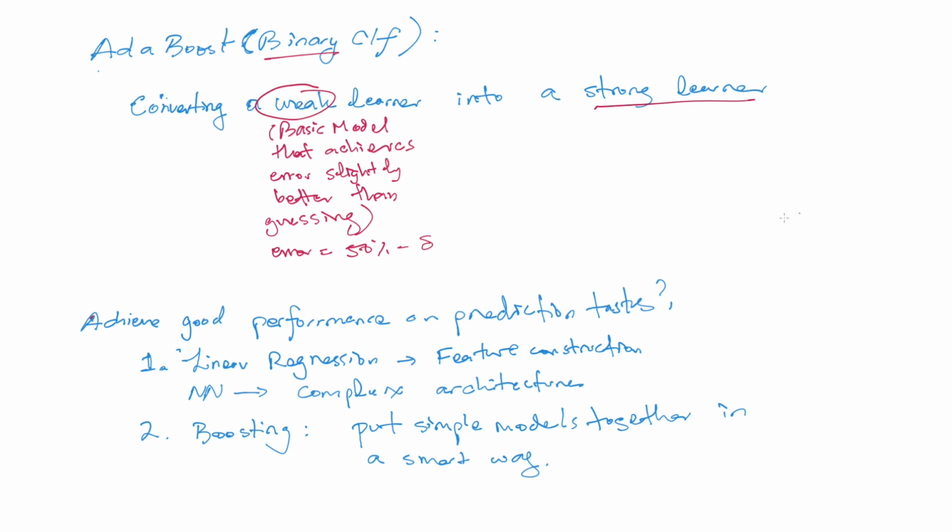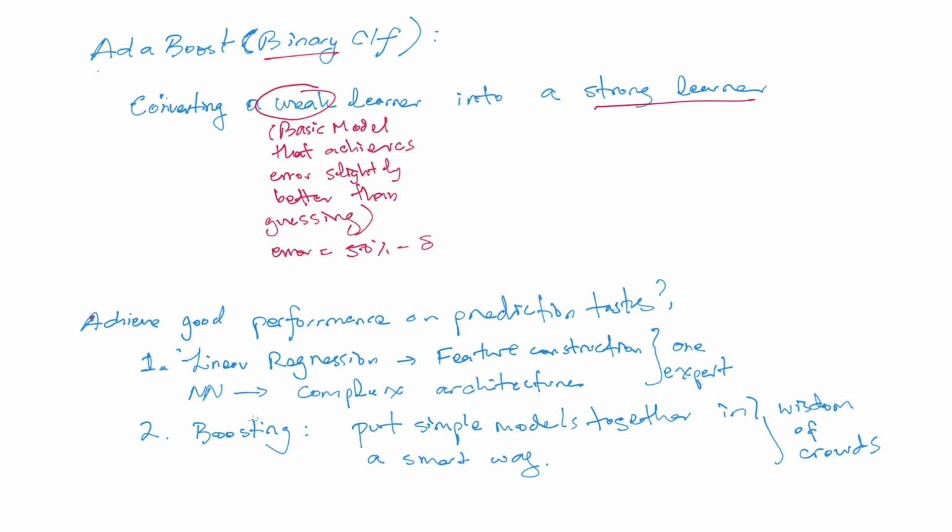So instead of relying on one expert, in boosting we have a committee of slightly better than guessing models. I don't want to call them experts because they are just slightly better than guessing. Because here you have a single model that's kind of learned everything, tried to figure out all the different aspects of the data, and now is giving you predictions. Whereas this idea is kind of the wisdom of crowds, right? You look at a large group of models, you take the majority vote in a smart way.